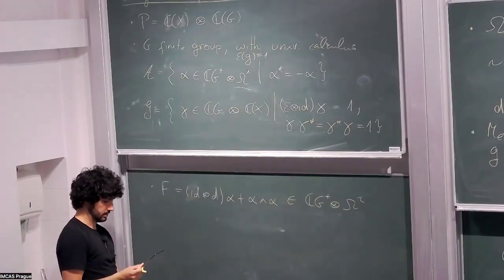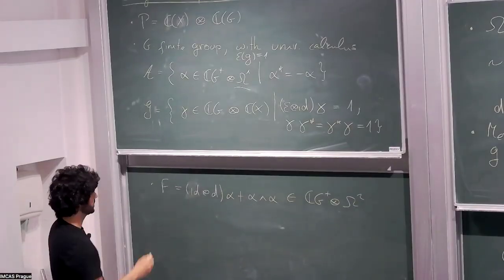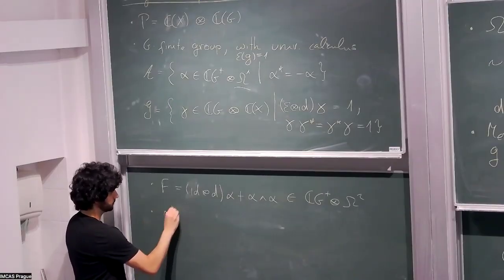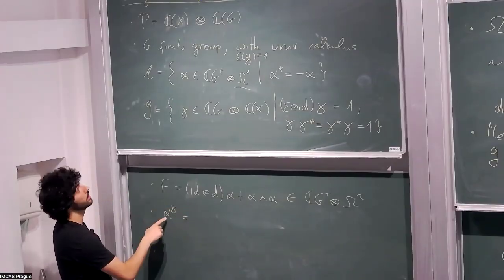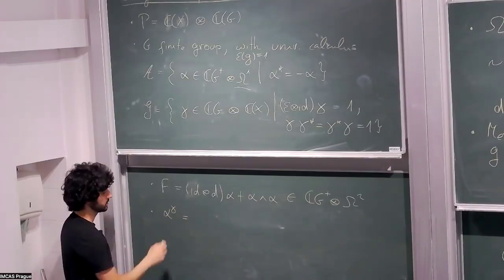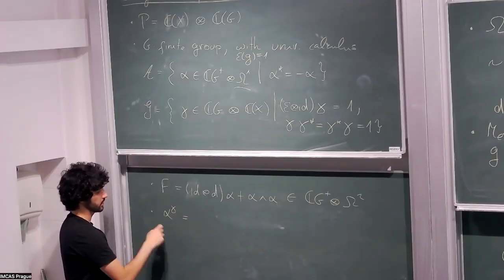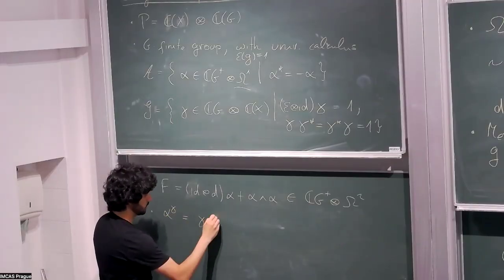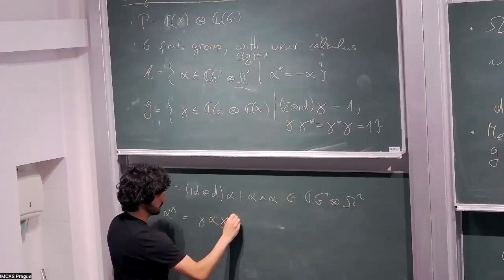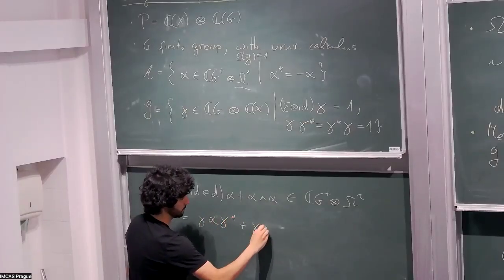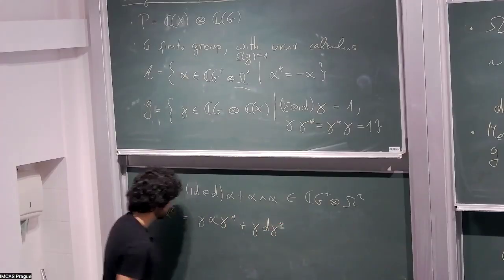Right. And what we have now is that we can define, very analogous to the classical case, the gauge transformed connection as just gamma alpha gamma star plus gamma d gamma star.